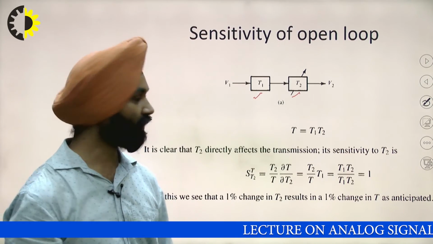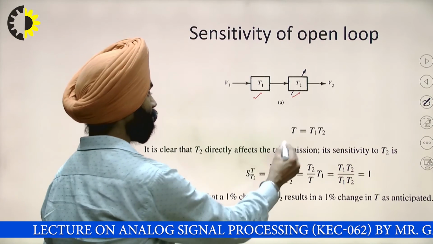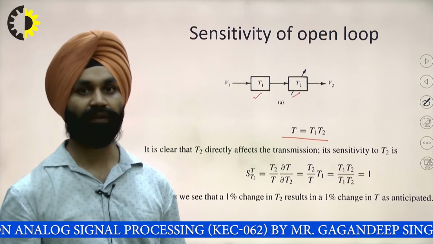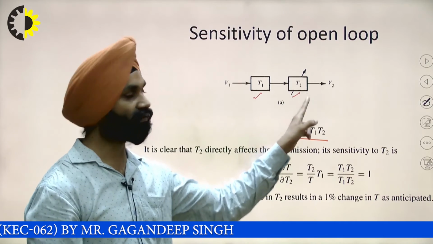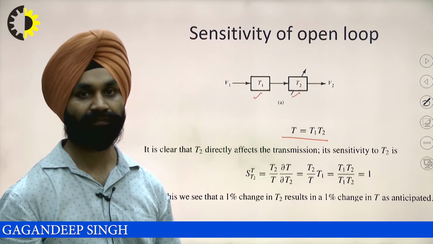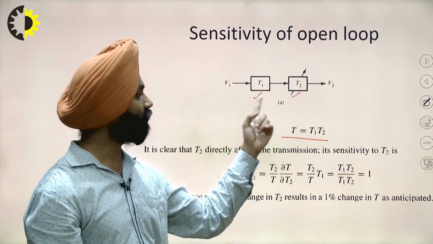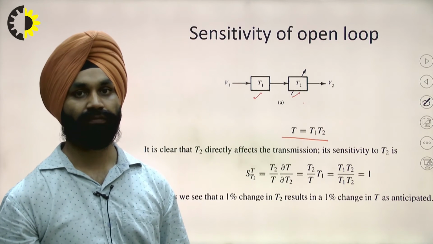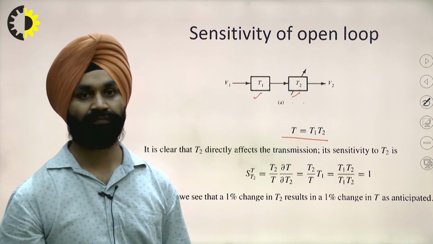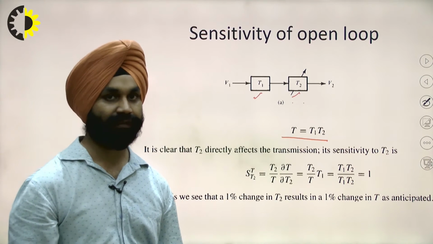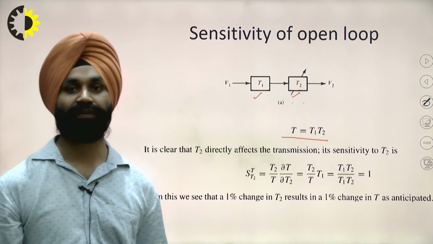The overall transfer function of this open loop circuit will be given by T is equal to T1 into T2, because they are in cascaded form, so the transfer function will be multiplied. That means total transfer function T is equal to T1 multiplied by T2 value. And T2, let's suppose, is varying. So it is clear that T2 is affecting the overall transfer function.